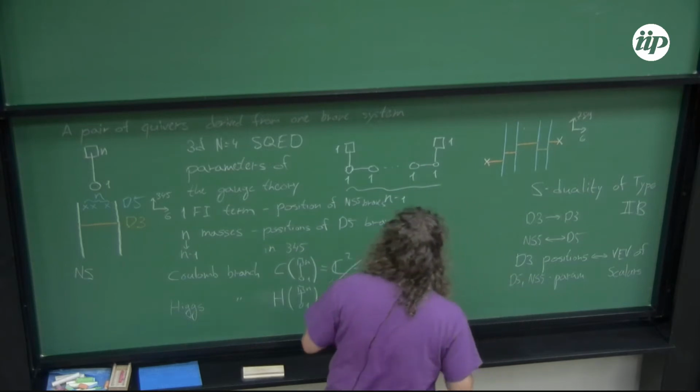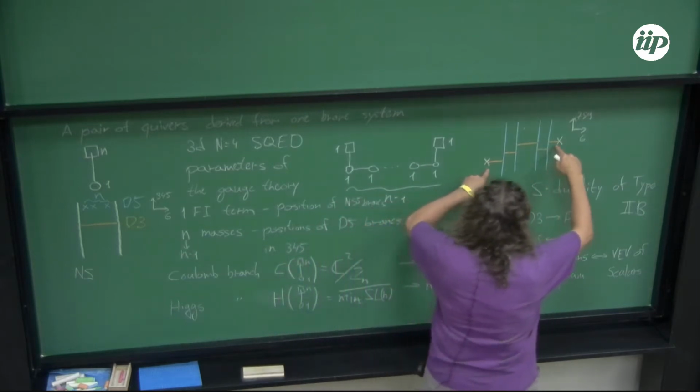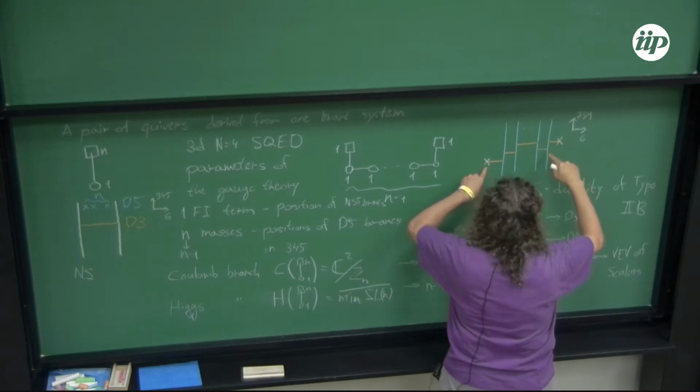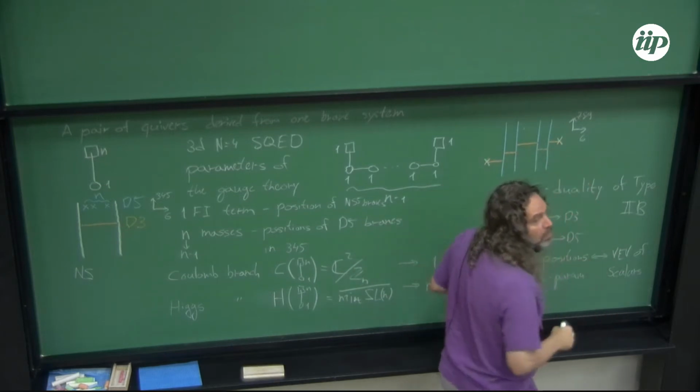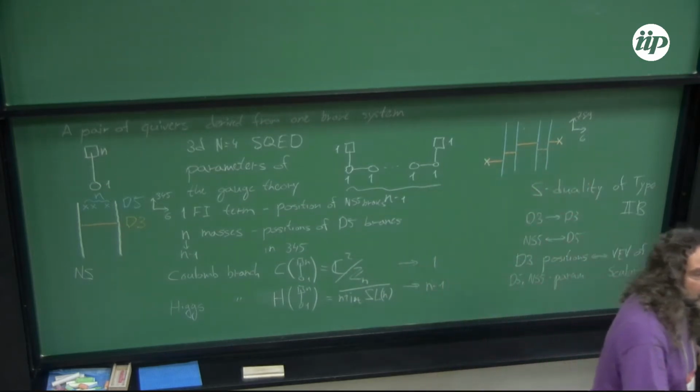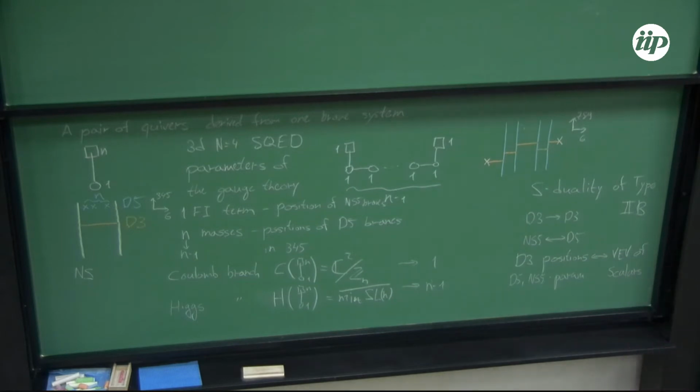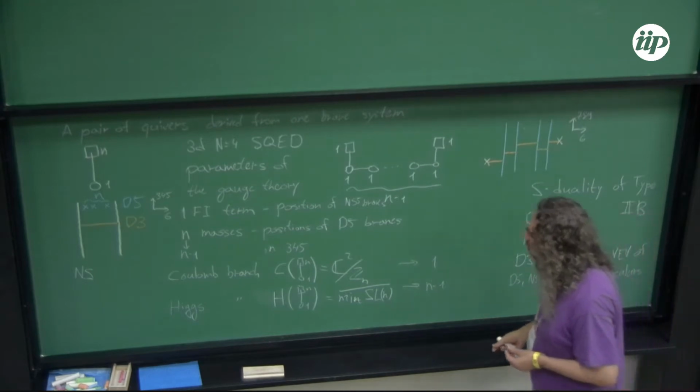Okay? So this is the distance here. So if I put them over here, the Fayet-Iliopoulos term will be 0. But otherwise, it will be non-zero. And they are the deformation parameters.